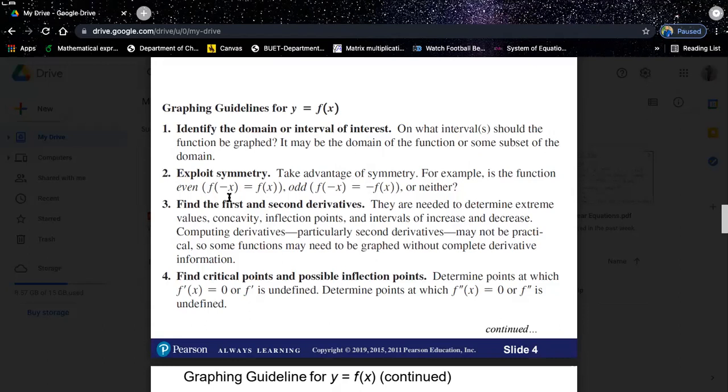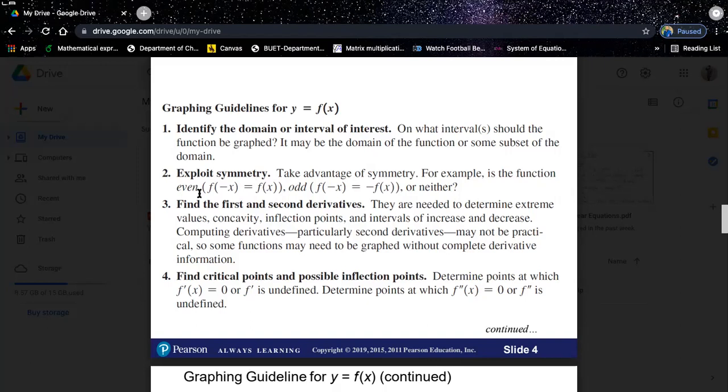If you plug in a negative value of x, and you still get the main function in return without the change of sign, even though you have changed the value of x to negative x, still you get the same function in return, then we call it an even function. And if you change the value and get the negative function in return, then you call it an odd function. Let me quickly tell you one example each. So let's imagine f of x equals x squared.